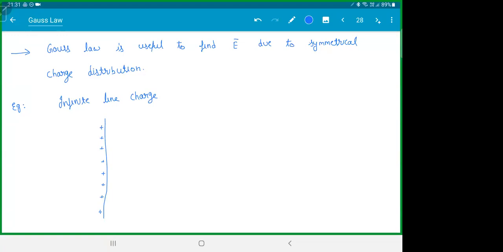Now see how to do this thing. Step 1: choose a symmetrical Gaussian surface. Step 2: calculate the flux.